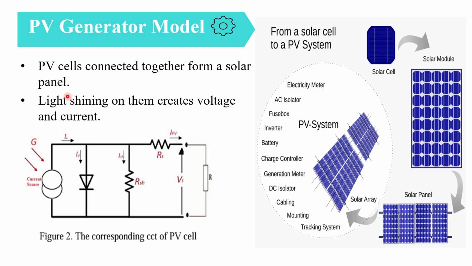We get to the model of the PV generator. PV cells connected together form a solar panel, and when light shines on them, they create voltage and current.